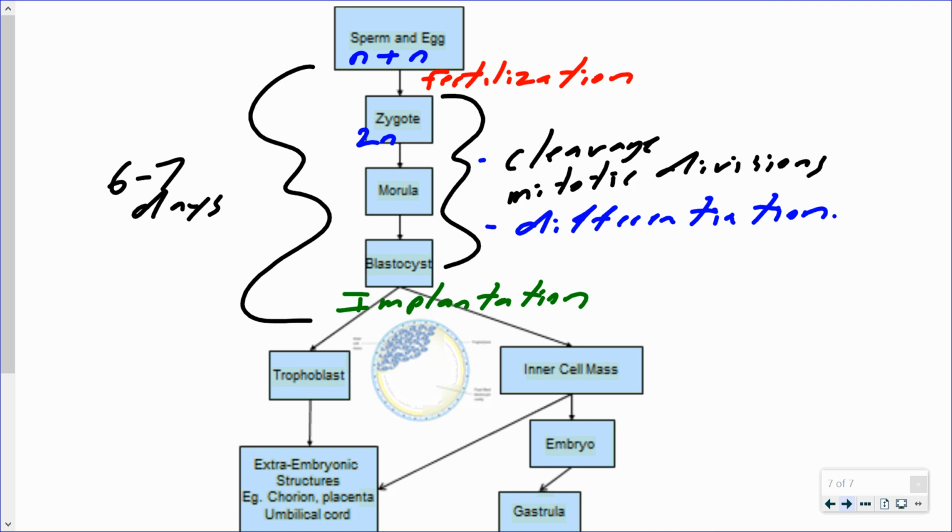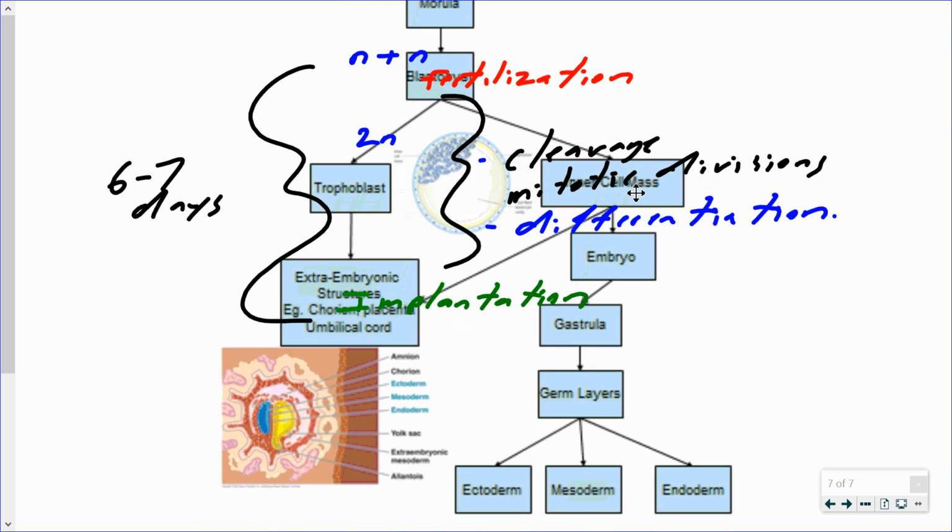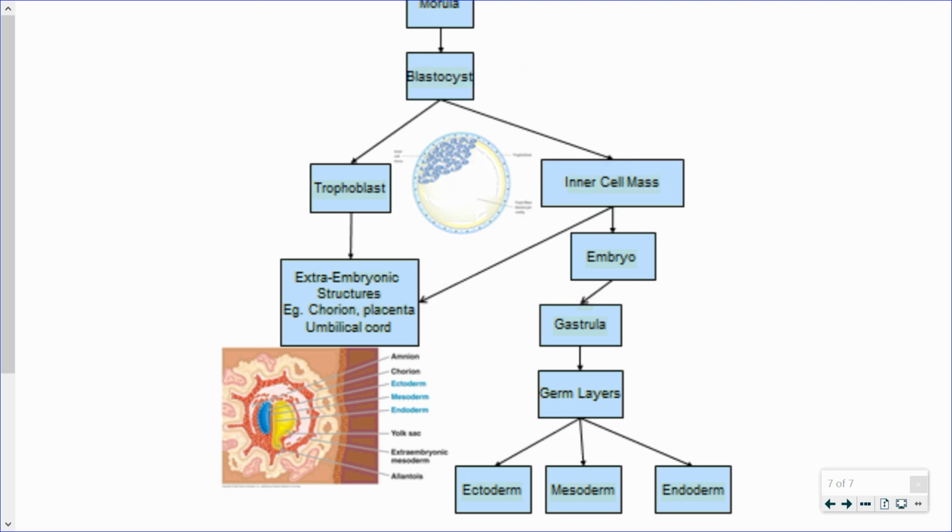We again see a picture here of the blastocyst. So remember that in the blastocyst, we have the trophoblast around the outside, and we have the inner cell mass on the inside, and we also find the fluid-filled cavity, the blastocele, on the inside. So I'll just highlight that again here. This is the trophoblast.